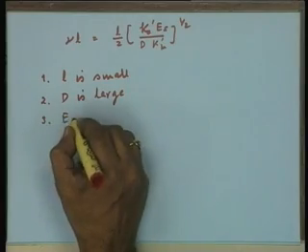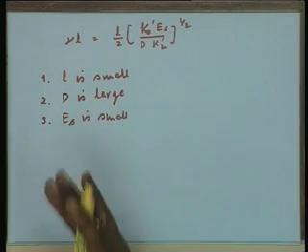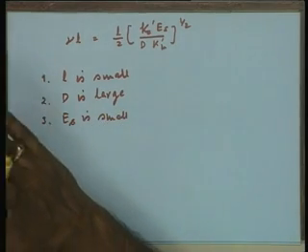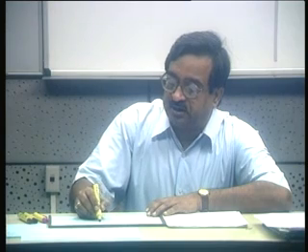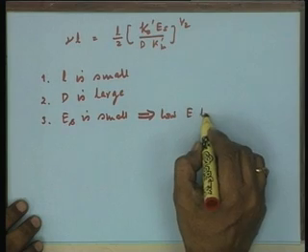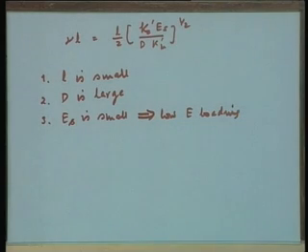Third is Es is small, which means low enzyme loading in the matrix. If your immobilized enzyme preparation has a small loading, the diffusional resistances will not be very controlling.